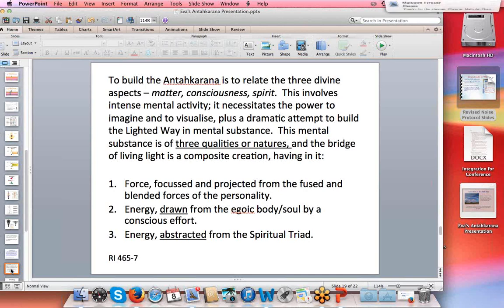It's not as pure anymore, because how pure we are will determine how that energy moves through us. That's why it's called force. So it contains force, it contains energy, and it contains energy that is abstracted from the spiritual triad. All these three energies work together in their perfected way to create this wonderful Antahkarana.